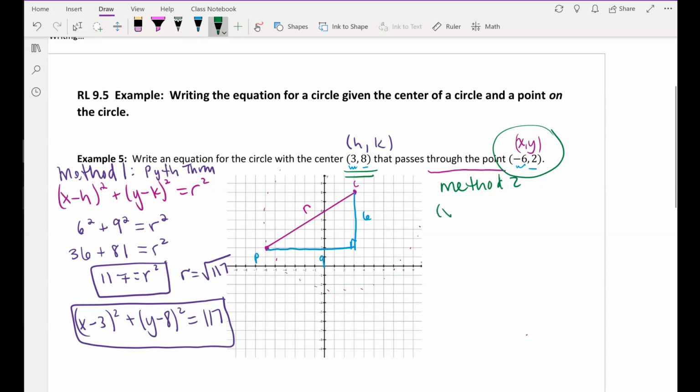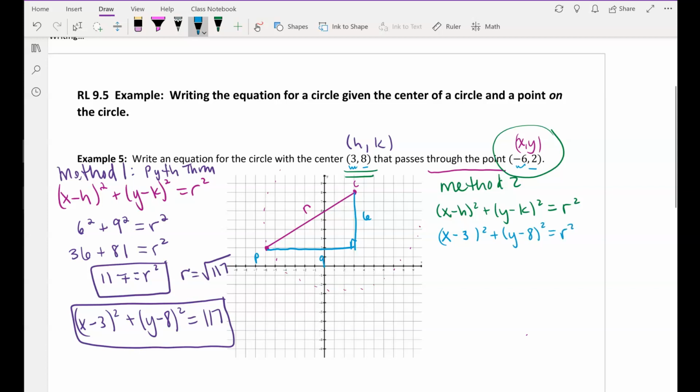So when we write the circle equation like this, the x and the y in the equation should stand in for any point that's on the circle. So what we could do, instead of doing the whole Pythagorean theorem, and we won't need the graph for this either, is I could first write the center in, so x minus 3 squared plus y minus 8 squared equals r squared.